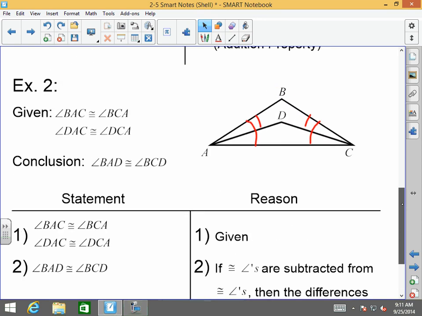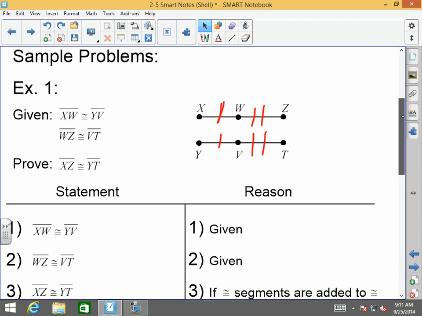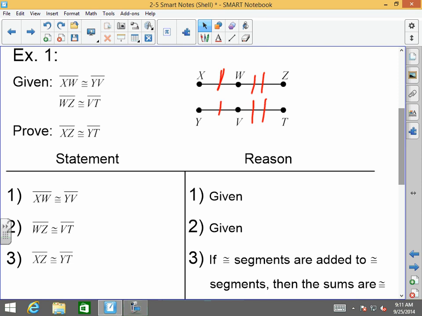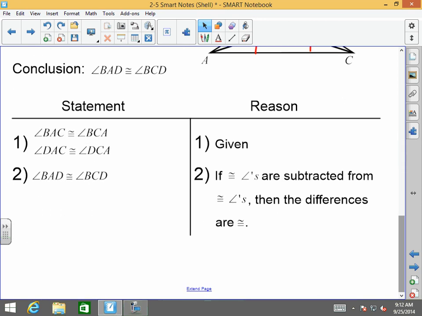The given information, the angles were larger than the conclusion, wasn't it? So I had to subtract. If you look at the first one, the given information, the segments are smaller than what we're trying to prove, correct? So when the given information is smaller than what we're trying to prove, that's addition. When the given information is larger than what we're trying to prove, that is subtraction.